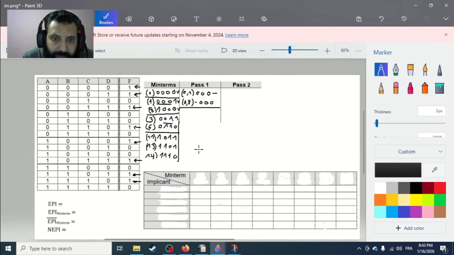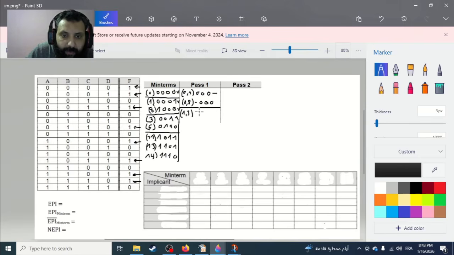Yes, we can delete the variable C. 1, 3. And we have 0, 0, dash, 1. Very good. We have to compare the 1 with 6. Okay, sorry, we have to put a check mark on this.